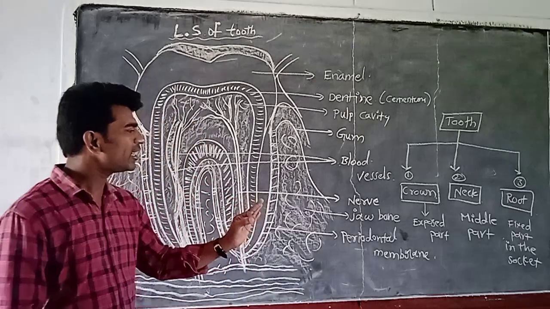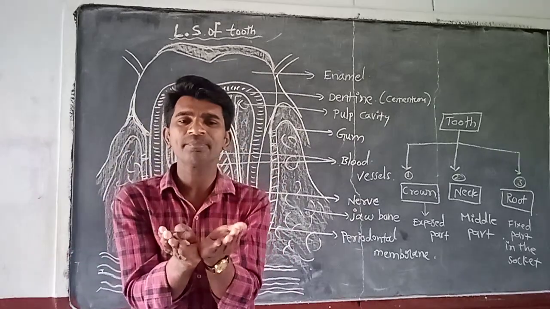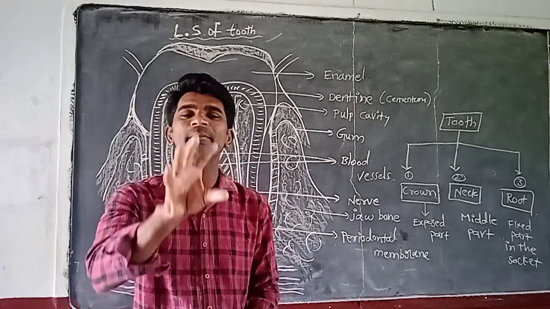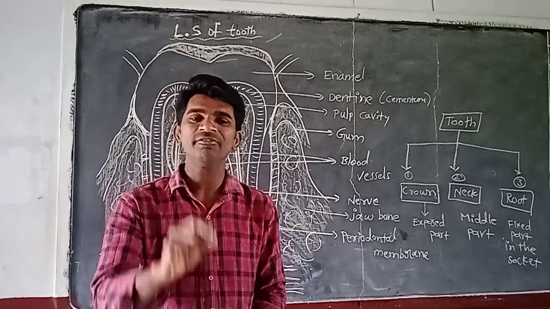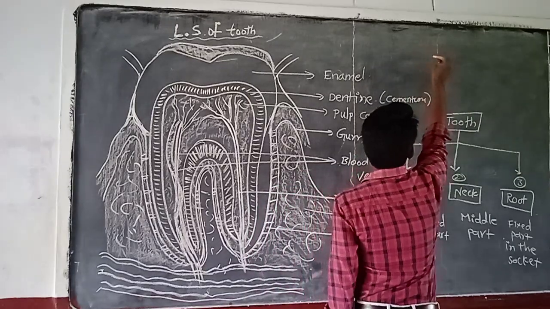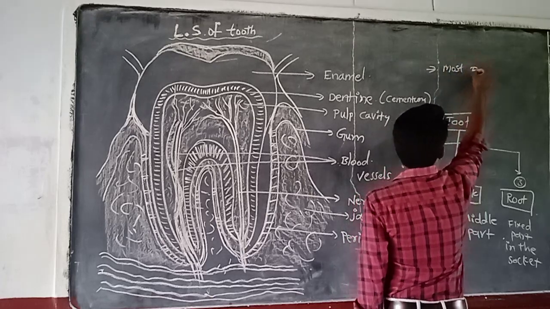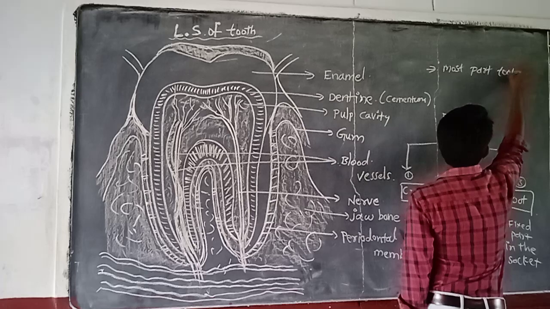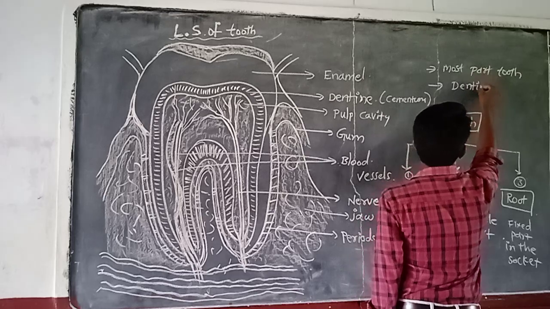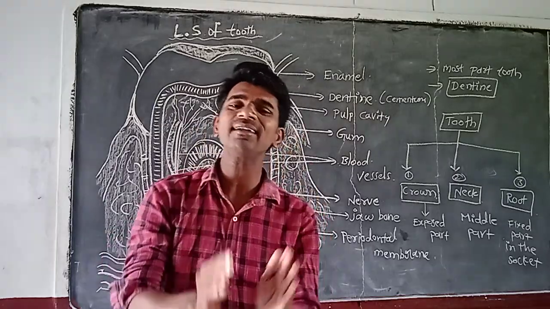Okay now. Whenever we observe the tooth, most of the tooth, the bulk part of the tooth, is made up of a hard substance which is called dentine. The dentine is the hard substance.